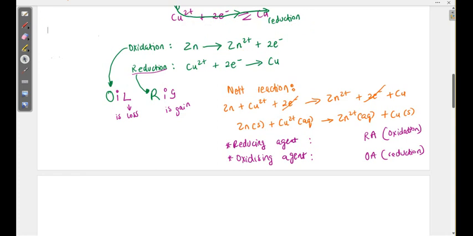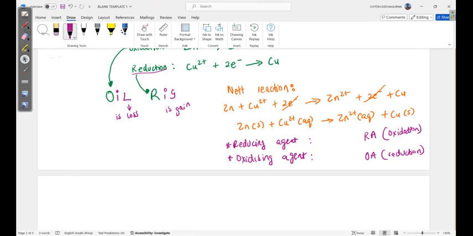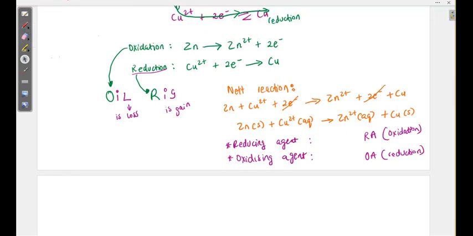The zinc undergoes oxidation, right? It goes from being neutral to having 2 plus. So that is your reducing agent. And the one that undergoes reduction is called your oxidizing agent, so it will be Cu2 plus. All right, so let's just remember that. Reducing agent undergoes oxidation. Oxidizing agent undergoes reduction, because they're always the opposite.